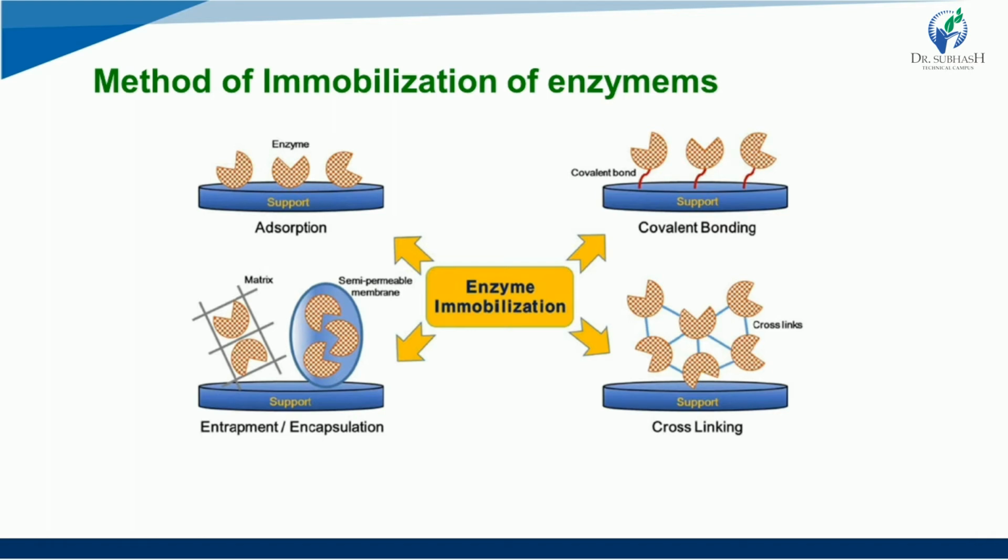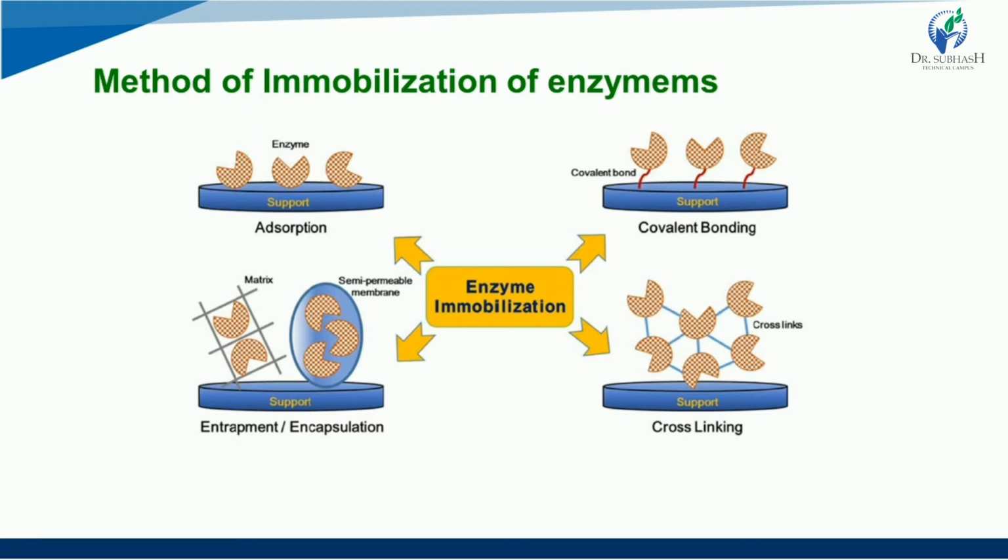You must have already studied adsorption, right? So the enzyme will get adsorbed on the support or matrix. The same goes for covalent bonding. Next is cross-linking. Next are entrapment and encapsulation. As I mentioned earlier, if you search in many books or research articles, entrapment and encapsulation are almost close, so they are considered almost similar, and we are also going to consider them similar.